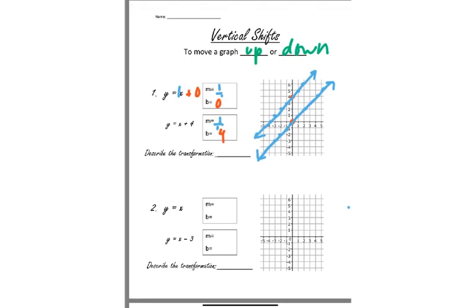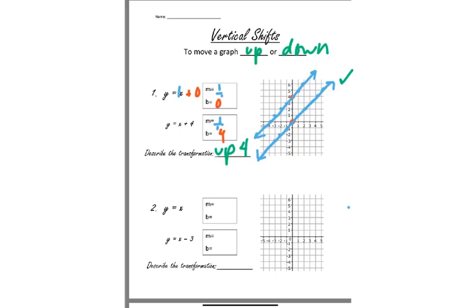Okay, so I took my original line and it shifted up 4 units. It says plus 4 in the back, so that means it went up 4. Describe the transformation from my original parent function to my new line. It went up 4 units.